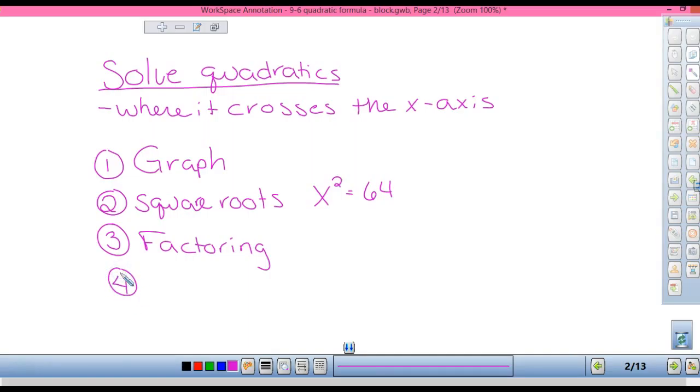Then the last 2 days of last week, Wednesday and Thursday, we spent 2 days doing what? What was that called? No, that's what we're doing today. You're going to have to know this stuff, guys. Yeah, we completed the square last week.